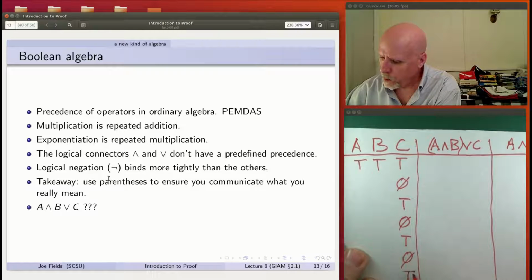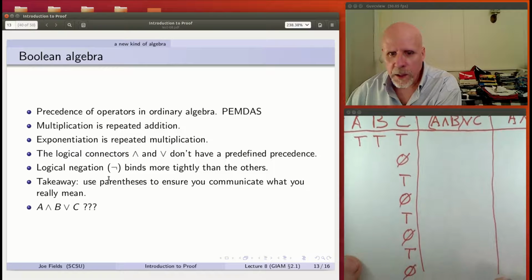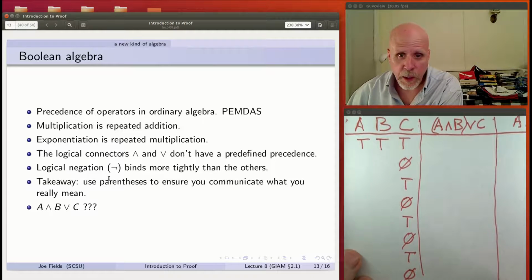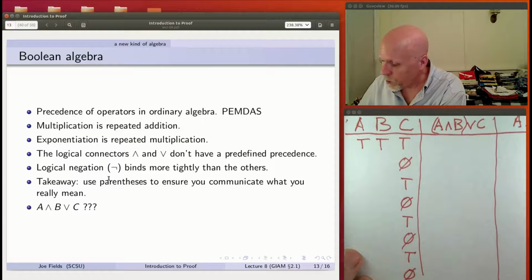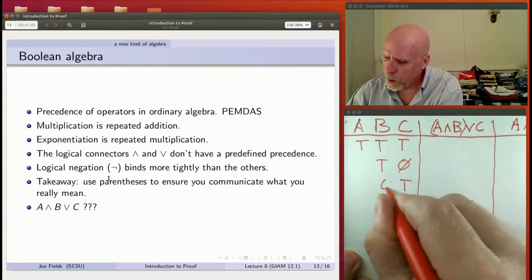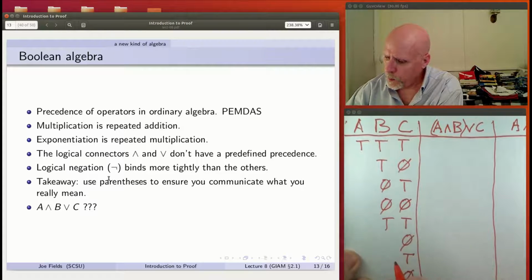And I said before there should be 8 rows to this table, so I'm just going off the bottom of the screen too. There's 8 of them. Now, just like we did before, I'm going to have B, again, alternate, but alternate in groups of 2. So 2 trues and 2 falses. Then 2 trues, and then 2 falses.